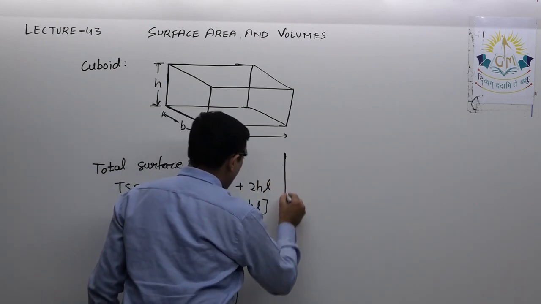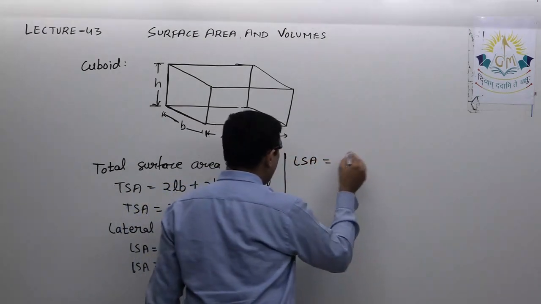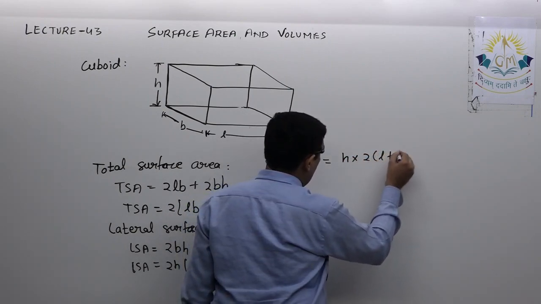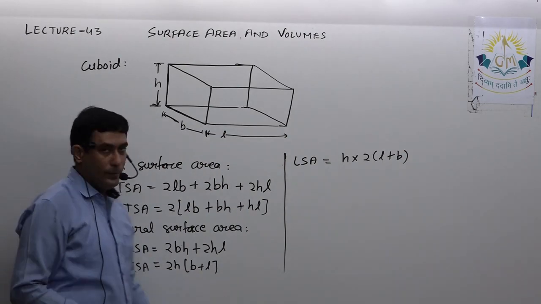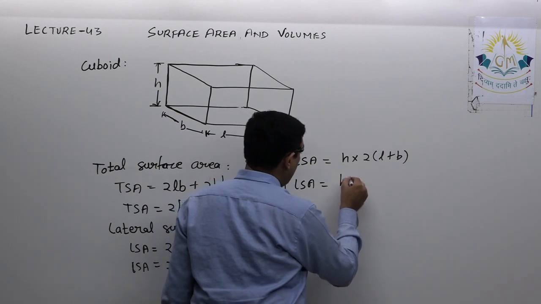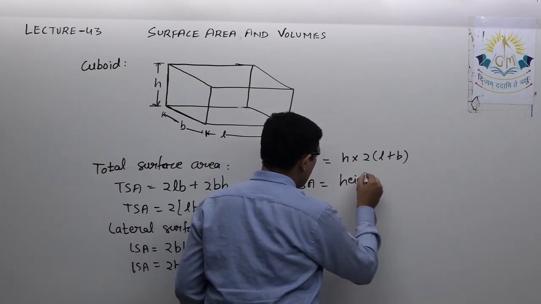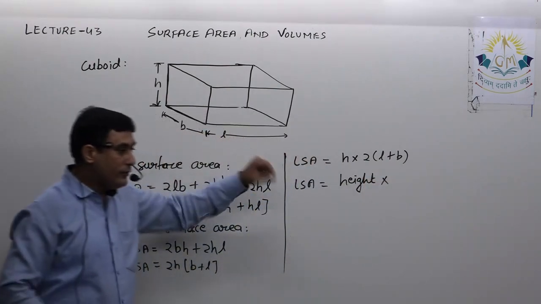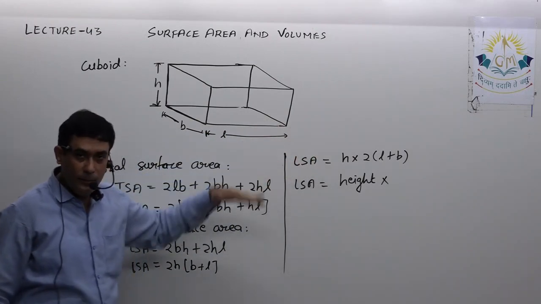If I write this LSA a little differently, it is H into 2(L + B). It's the same thing. LSA can also be written as height multiplied by 2(L + B), and 2(L + B) is the perimeter of the base.